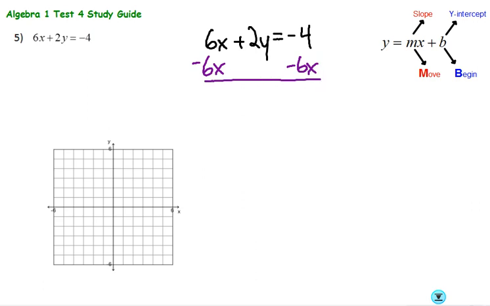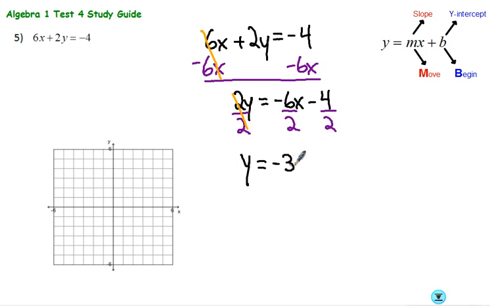Those x's cancel, and you're left with 2y equals, bring down the negative 6x, minus 4. Then you divide both sides by 2, all the way across, and the 2's cancel. Negative 6 divided by 2 gives you negative 3. Negative 4 divided by 2 gives you negative 2.